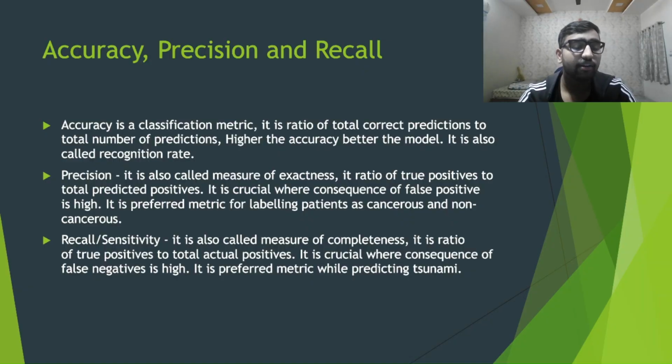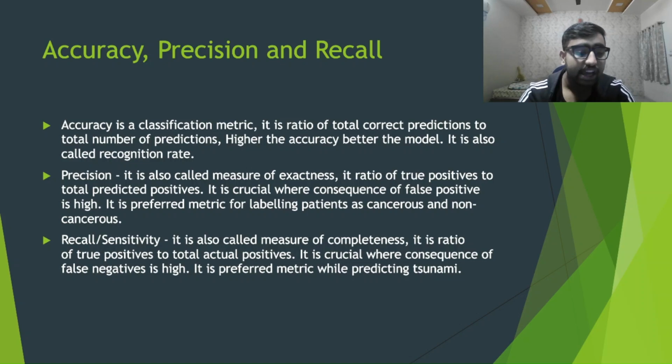So precision particularly focuses on false positives, and it is used in situations where the consequence of a false positive would be higher. For example, while labeling patients as cancerous and non-cancerous, a false positive would bear a higher consequence, as it would indicate a non-cancerous patient labeled as cancerous.